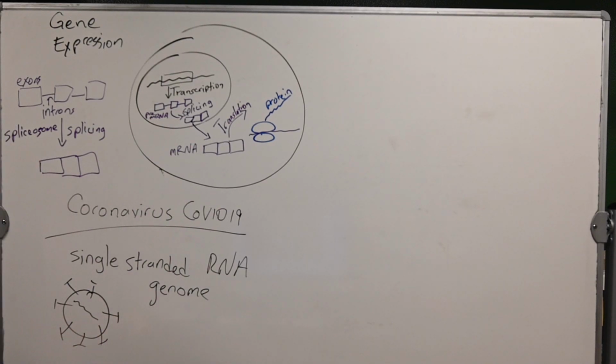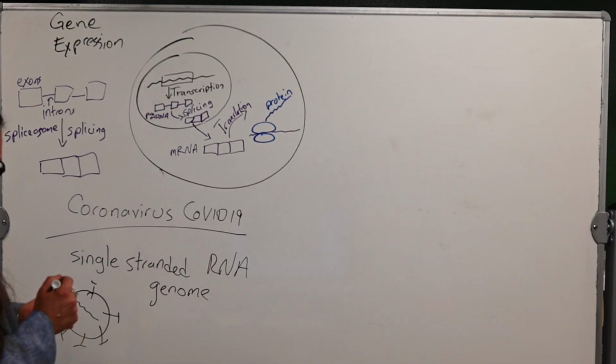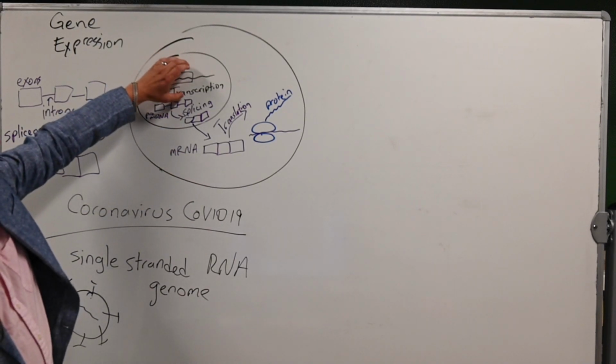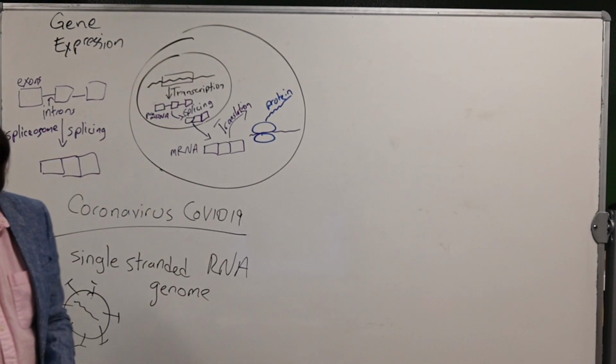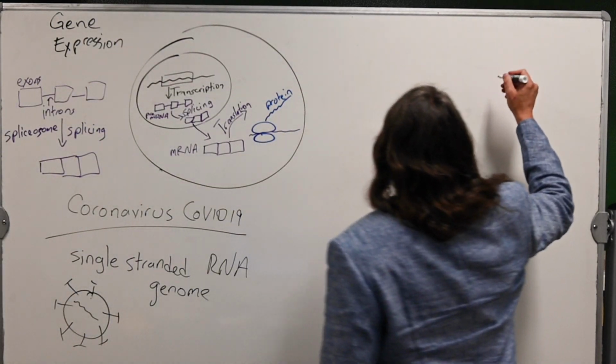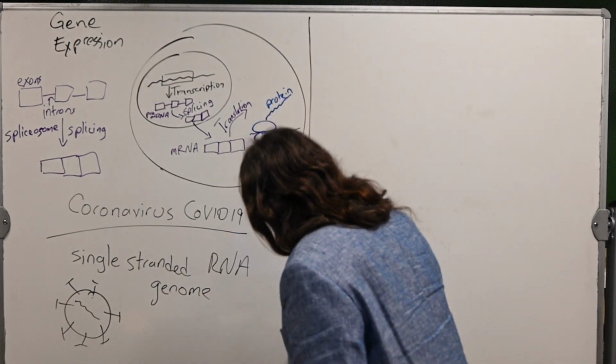It has a single-stranded RNA genome. Okay. So when it infects this cell, it kind of skips this part. Okay. So let's draw a new cell. Let's see how I can do this. So this is a eukaryote.